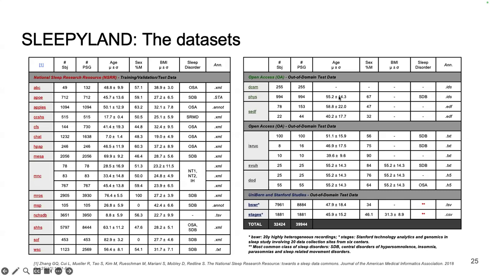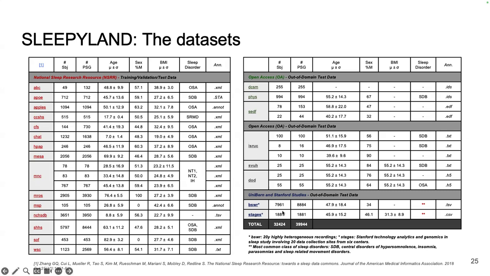On the right, you have what we call the out-of-domain test data. So all the data that we decided to keep out, so to not use during the training of all the algorithms, and we used all this data just as our test set.